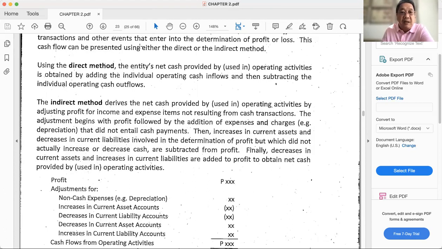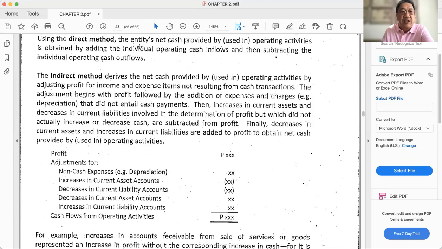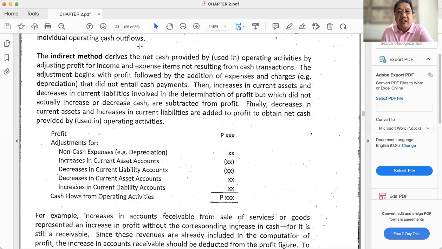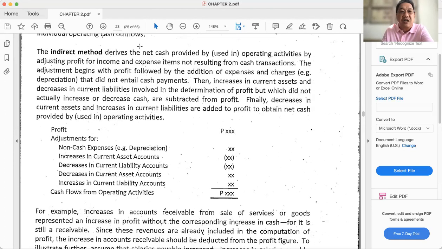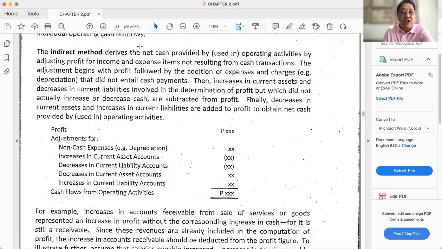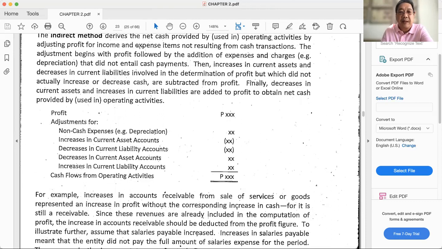Indirect method naman are those net cash provided in operating activities by adjusting profit for income and expense items not resulting from cash transactions. The adjustments begin with profits followed by the addition of expenses and charges, example depreciation, that did not entail cash payment.